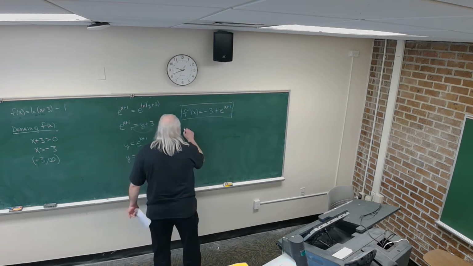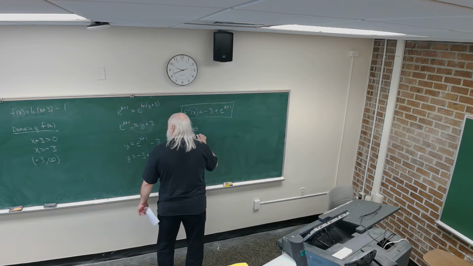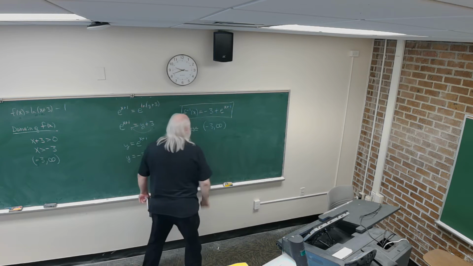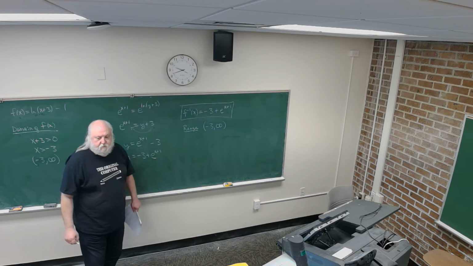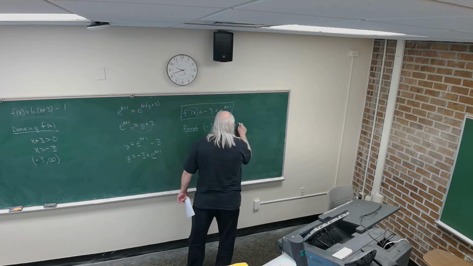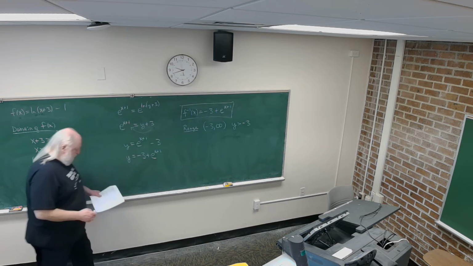It's the same set of numbers. So the range of the inverse function is all real numbers greater than minus 3. These are the y values for the inverse function. Y greater than minus 3.